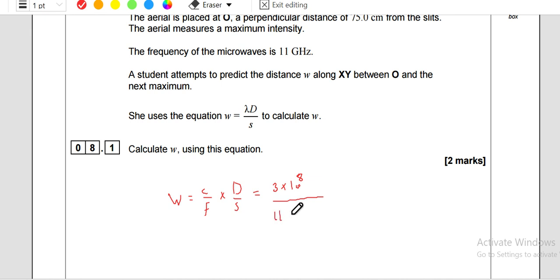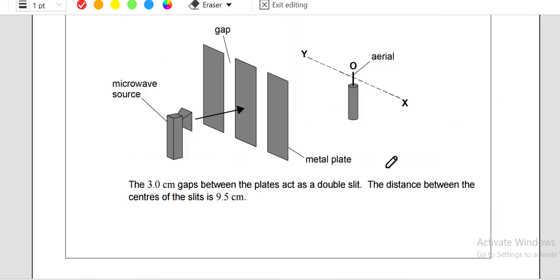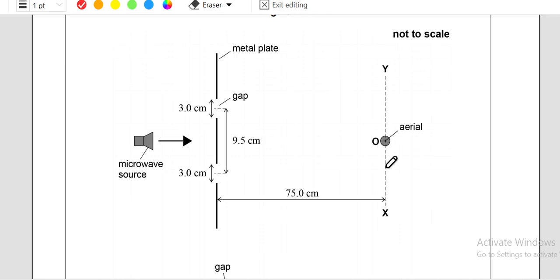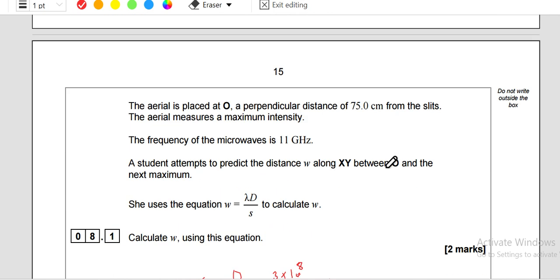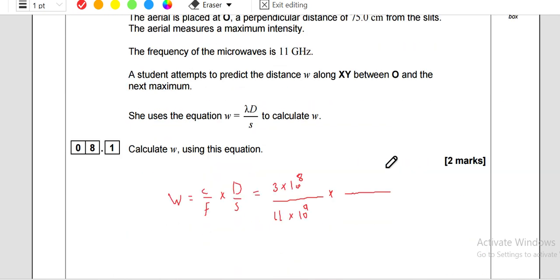Frequency here is 11 gigahertz, and the distance, I think it is given here in the diagram, 75 centimeter, or after conversion 0.75.